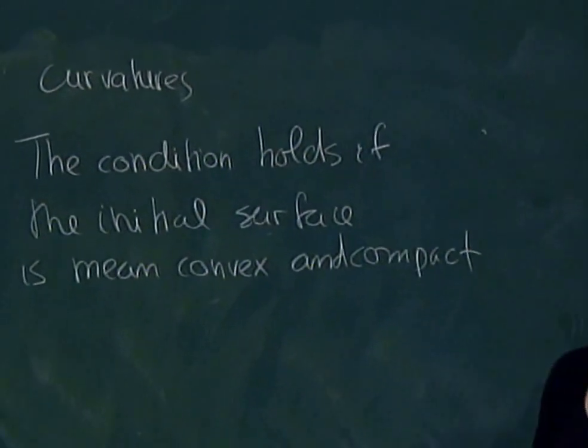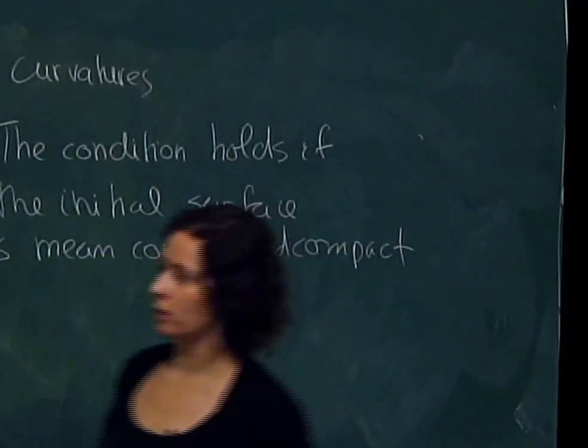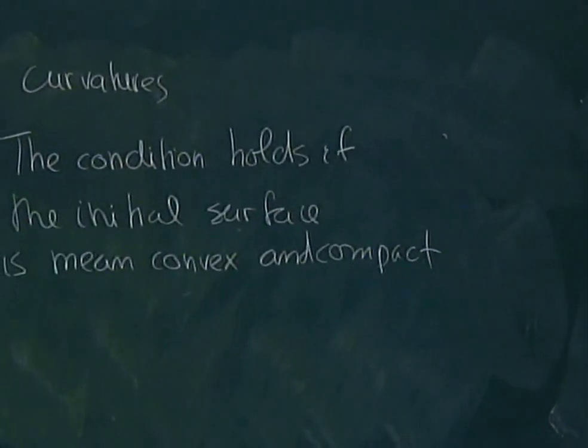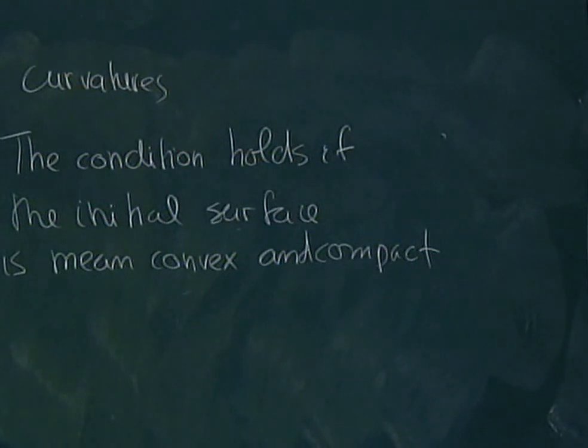Moreover, you can see that in that case, just because of this computation here, I would have that h is positive for all times. So mean convexity is something that is preserved by the flow.